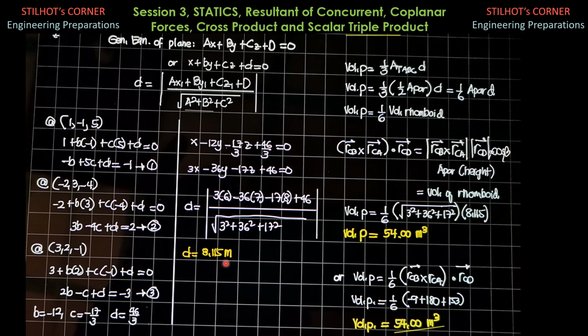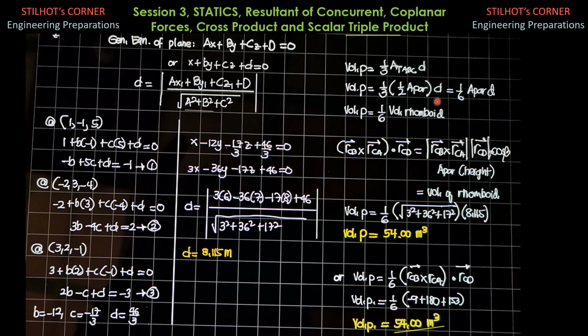Then finally, the volume of a pyramid from solid geometry is 1/3 area of the base times height. The height in this case is the perpendicular distance of point D from the plane ABC or from the triangle ABC.